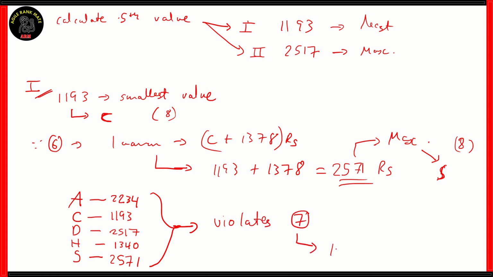In clue number 7, we know that Helen has to spend more than Dhenuka. However, in this scenario, Helen spends 1,340 rupees, while Dhenuka spends 2,517 rupees. So therefore, since this is the only permutation available to possibility number 1, and that violates the 7th clue, we can safely say that possibility 1 is wrong.